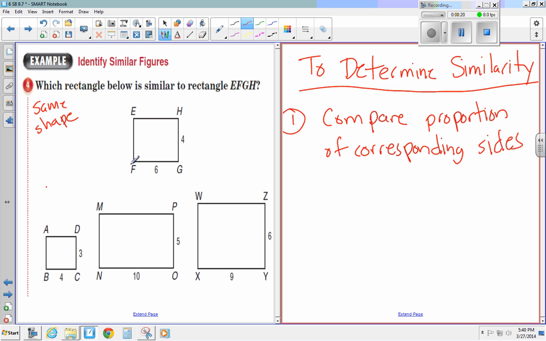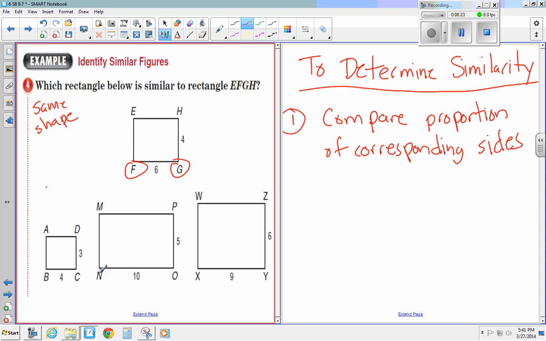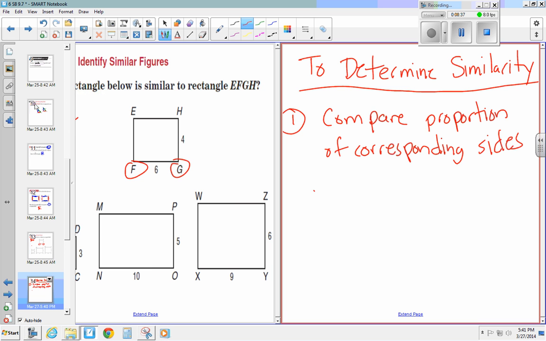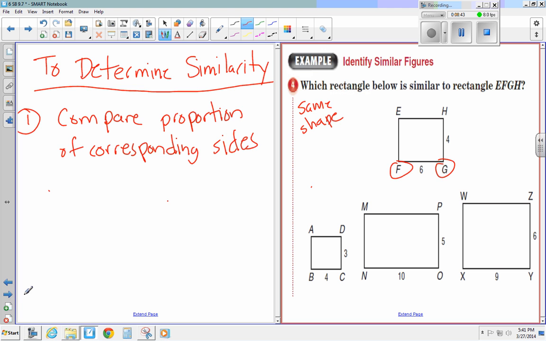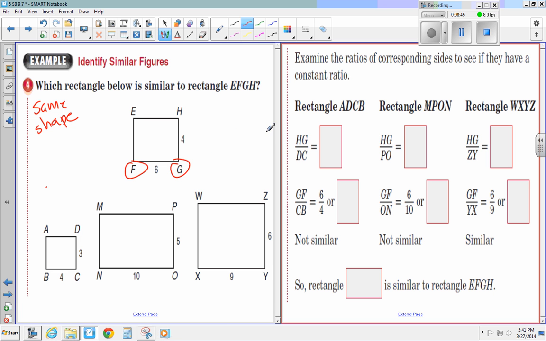So we're going to compare FG and BC, and FG and NO, and FG and XY. So let's see, let me move this. All right. So we're going to look at HG. HG is 4. DC is 3. And now we're going to compare it to the other part of this, GF.